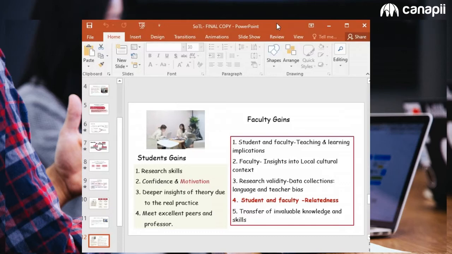Lulu, quickly, would you like to share what your gains were? Yes, okay. During the research, the biggest gap that I had was research skills. My research skills did grow dramatically, and I also built confidence, and I got the motivation to do further studies with my professors.